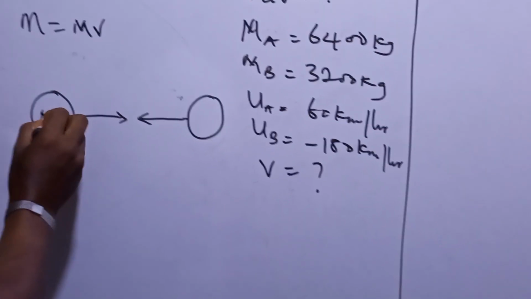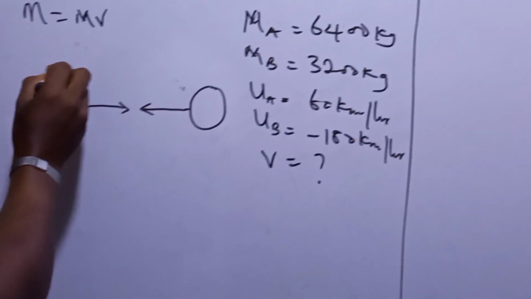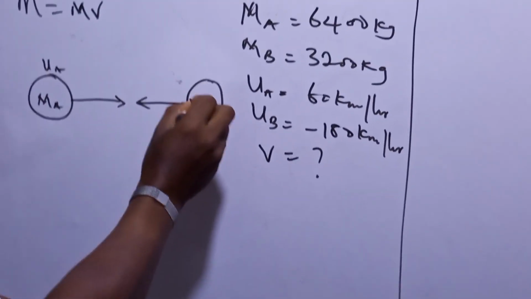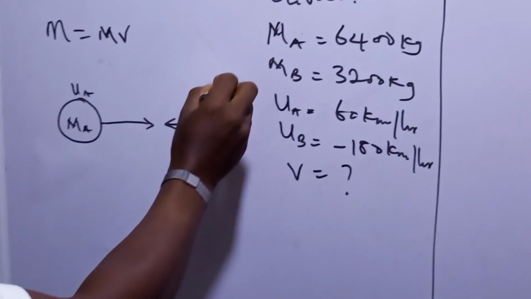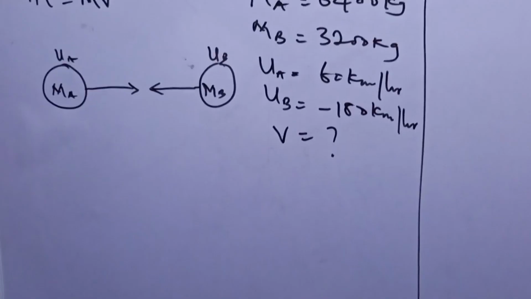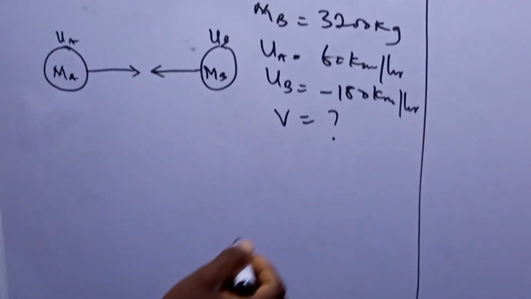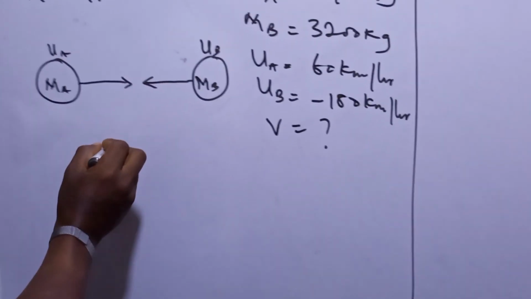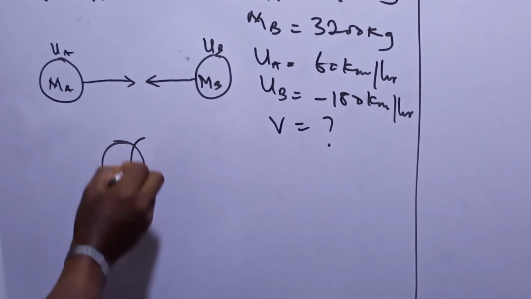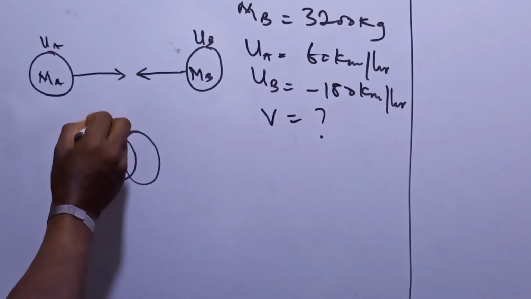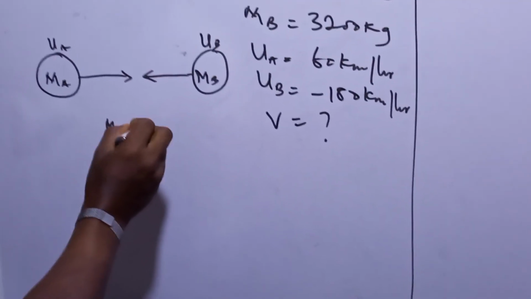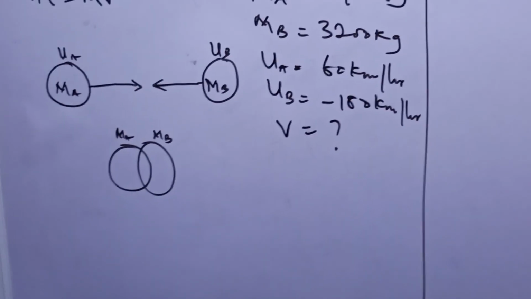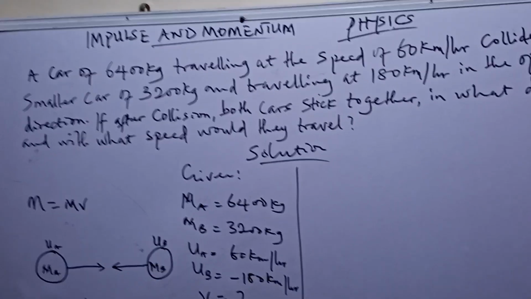Let's call this mass of A, initial velocity of A, mass of B, initial velocity of B. They are coming in opposite directions and they collided. On collision, they say they stick together. It came like this. Mass of A and mass of B. Now the question is, after the collision, in what direction would they travel? We will know the direction they will travel.